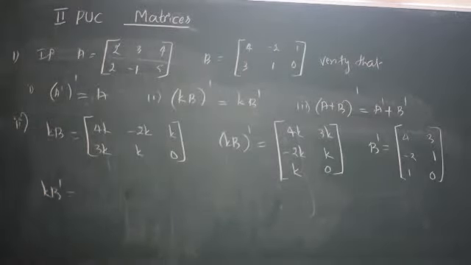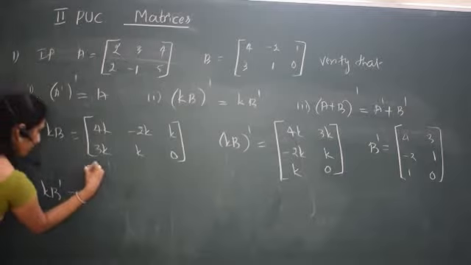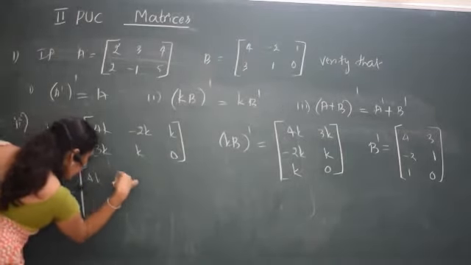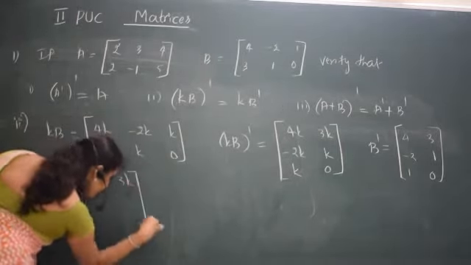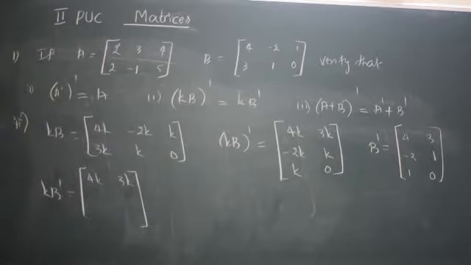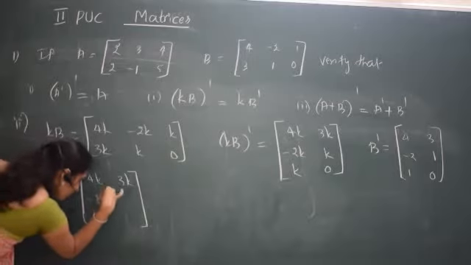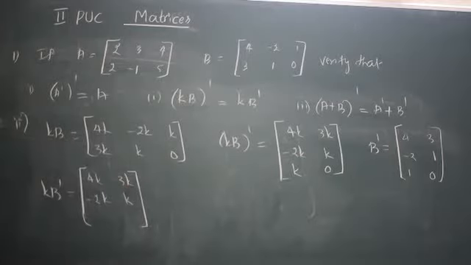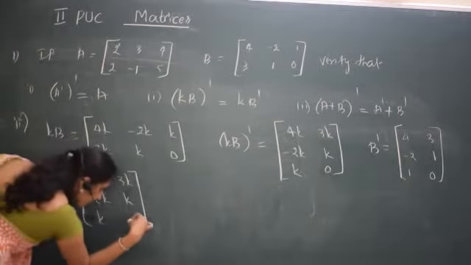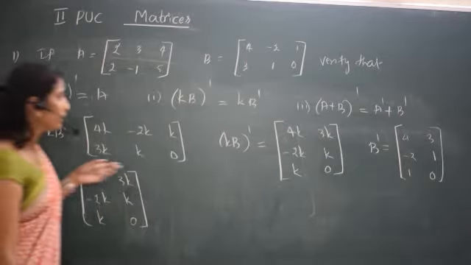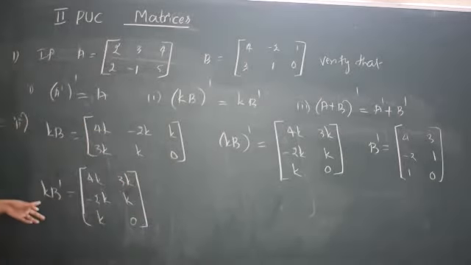K into B transpose is 4K, 3K, minus 2K, K, then 1 into K means K, and 0.